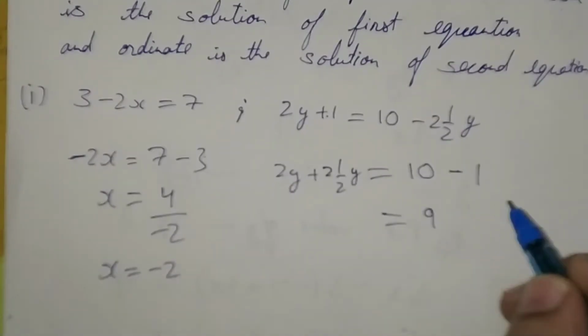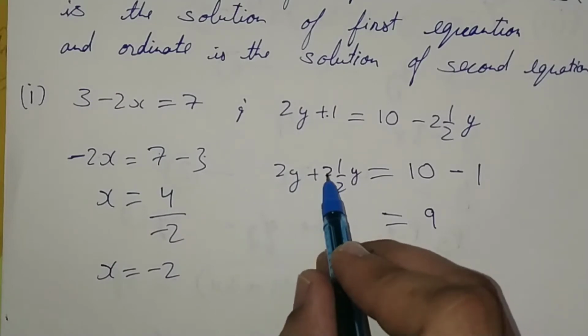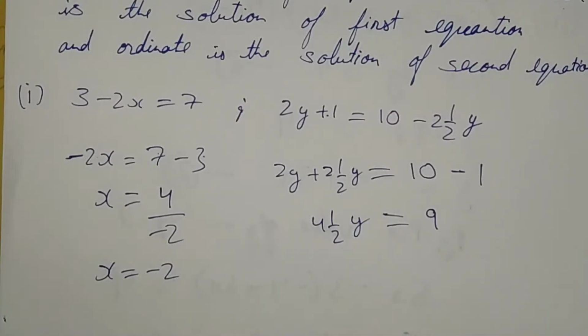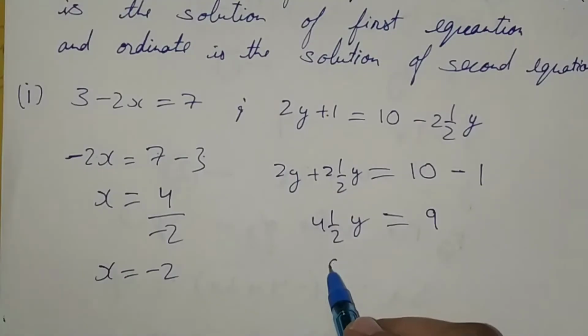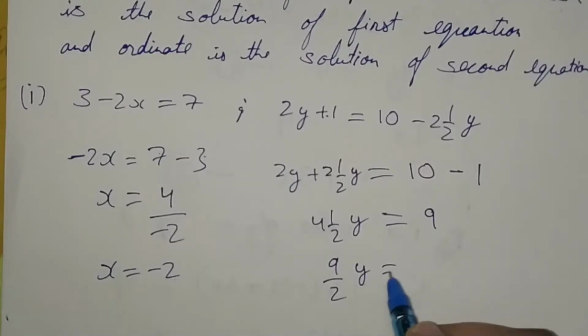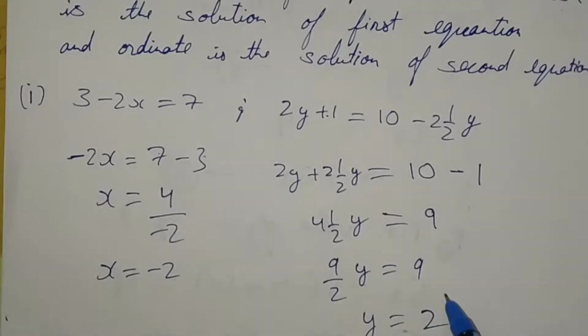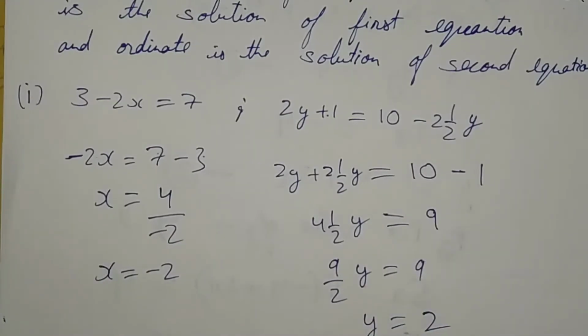Now this is 9 and this is 2 plus 2.5, 4.5, 9 by 2. From here y is equal to 2. Cross multiply, 2 on the upper side, 9 on the denominator, 9 will cancel each other, y is equal to 2.